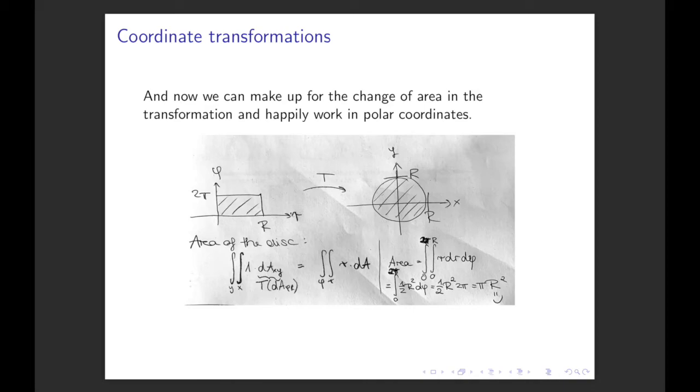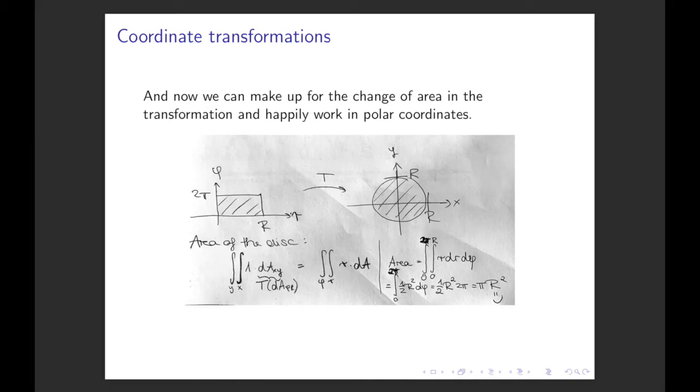We integrate over 1 because there is no function, we just want the area dA, where the little a is the area element in xy coordinates, and that is exactly the one that's not the same in the polar coordinates, so we replace it with r times dr d phi to have the surface element in polar coordinates times the factor that stretches it to get the one in Cartesian coordinates, and integrate now in phi and r.